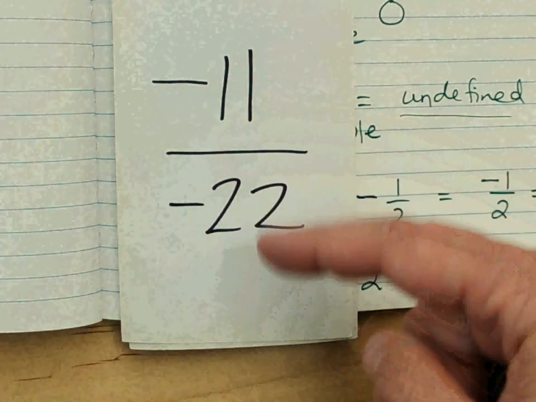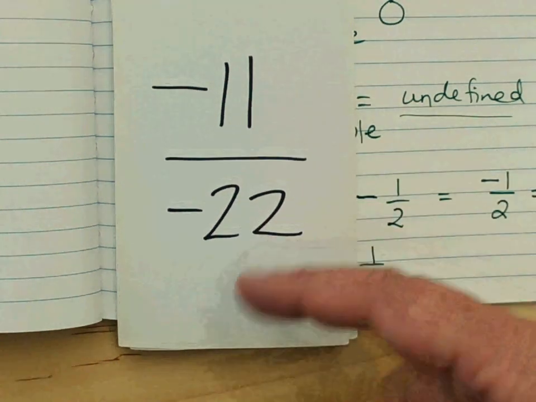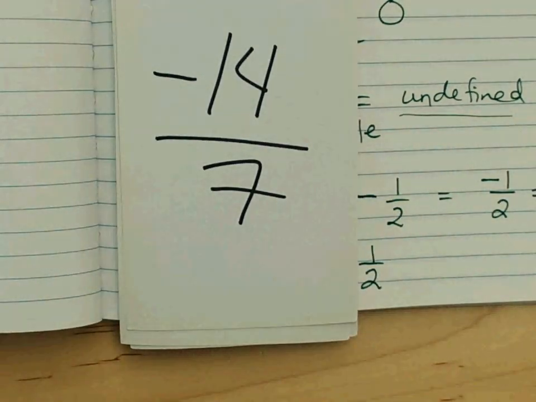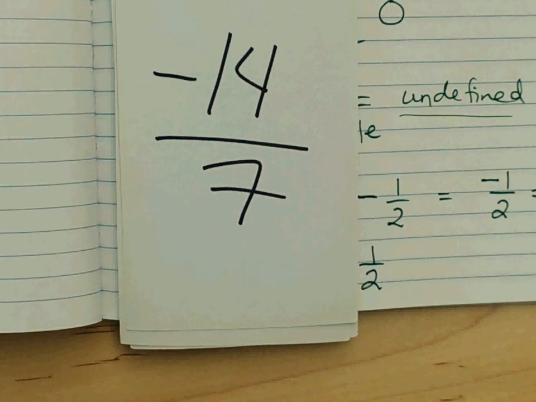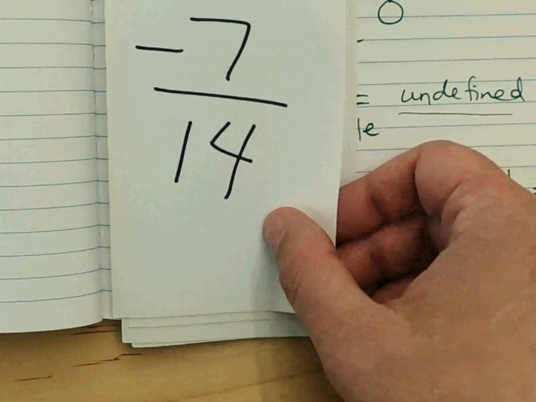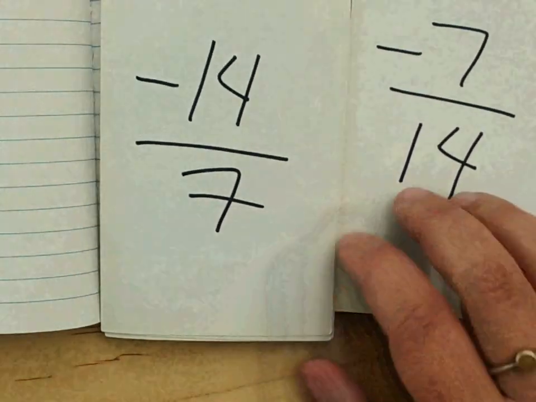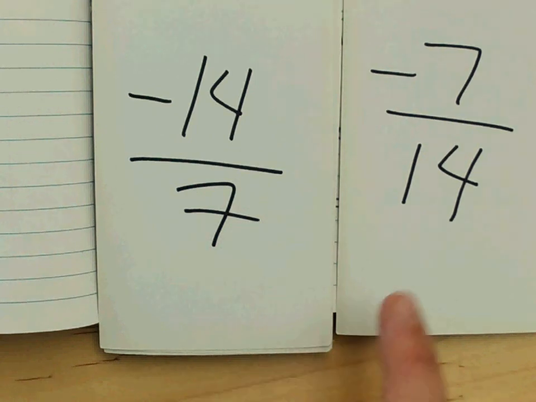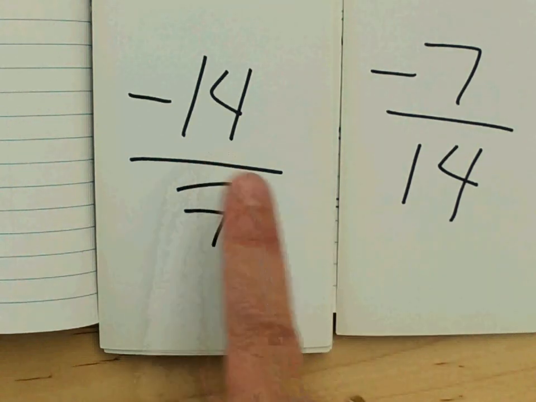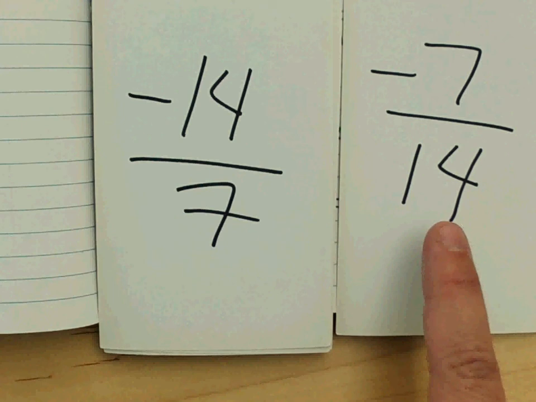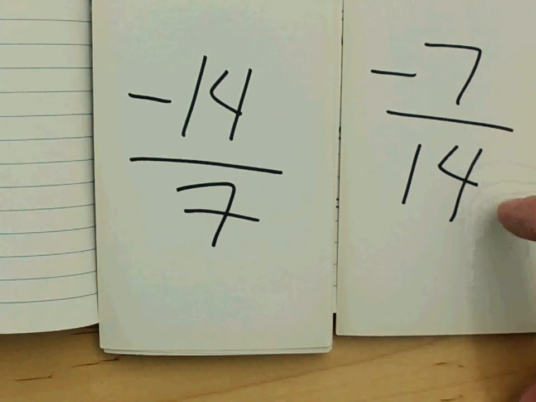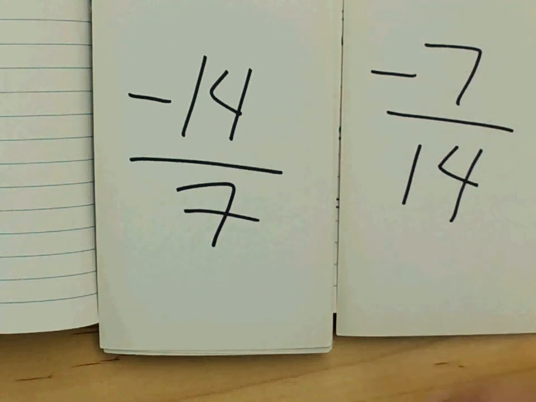Because 11 goes into both, 1/2, and it would be a positive, yeah? -2, good. What's the difference between these two? Right. So this one's -2. This one is -1/2, right?